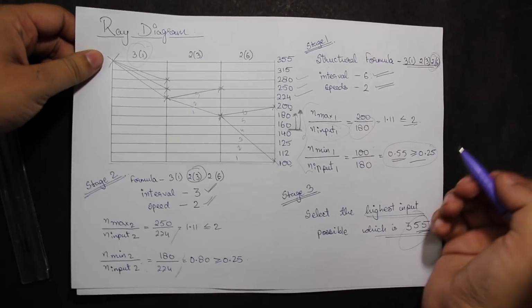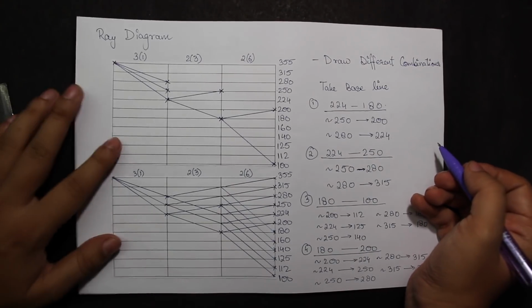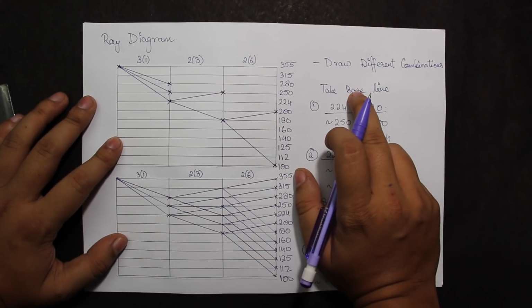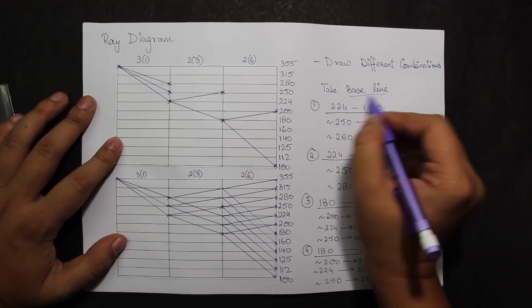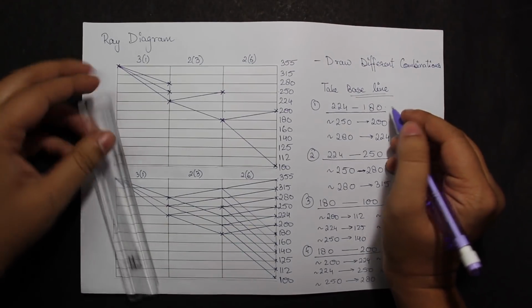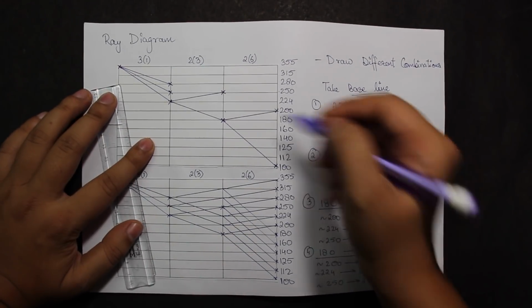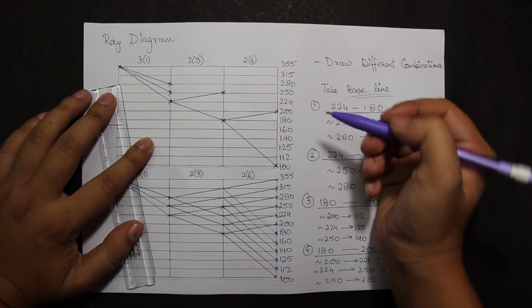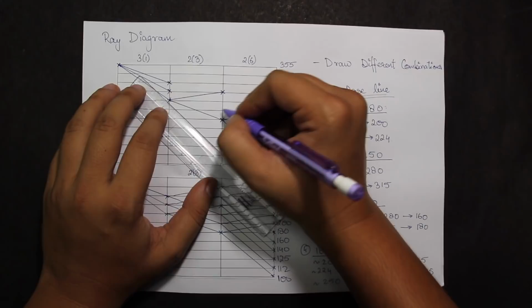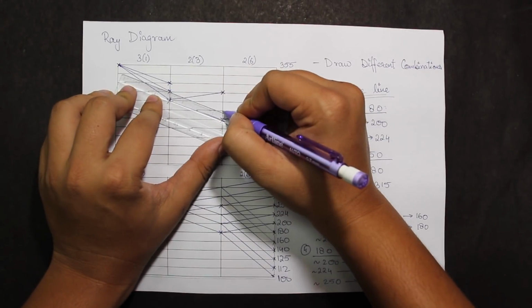Now what is left is making the different combinations. All I have to do is take the baseline and then work accordingly for the different combinations. So if I am selecting the baseline as 224 to 180, which is from here till here, the next combination would be 250, 200 and 280, 224, joining like this.